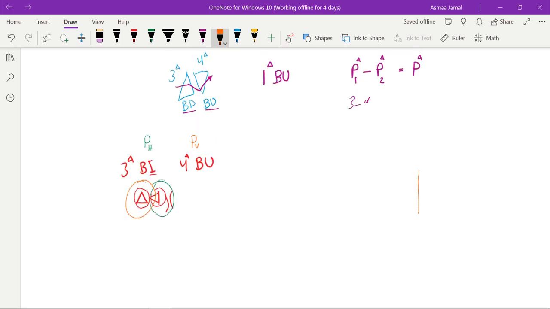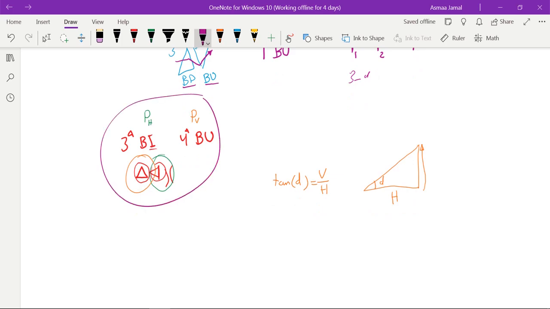In triangles, when you have an angle you want to find, let's say this is D, the tan of D equals the vertical one, let's write it here, divided by the horizontal one.